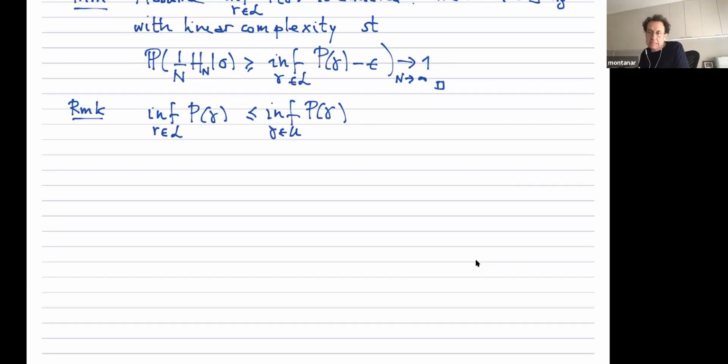And of course, it's interesting to ask ourselves when the two coincide. And the answer is kind of clear, right? Here you have two variational principles. One is a restriction of the other, obtained by imposing a stronger constraint.